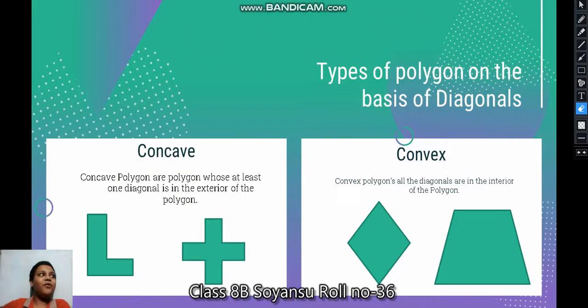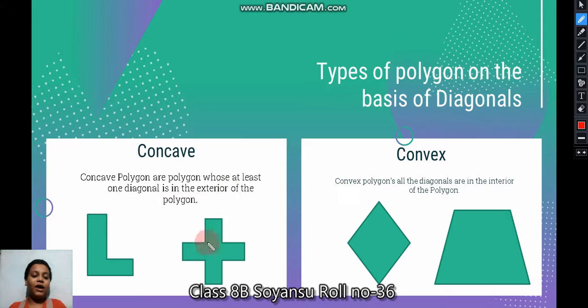Then come types of polygons on the basis of diagonals. Concave polygons are polygons whose at least one diagonal is in the exterior of the polygon.